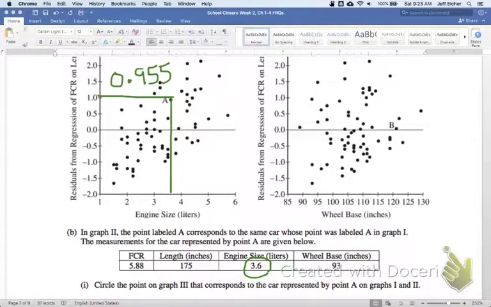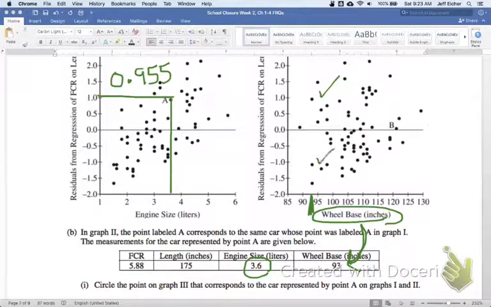But we're asked on this second graph to circle a point, and we have lots of options. There's 66 points, I believe. And we have to circle one, so we have a 1 in 66 chance of guessing right. So rather than guessing, since this is wheelbase, and the point we're trying to circle has a wheelbase of 93, it looks like here's 93, and we have 3 possibilities.